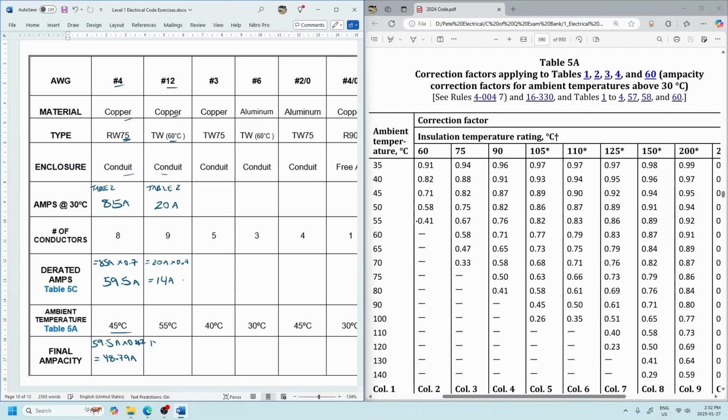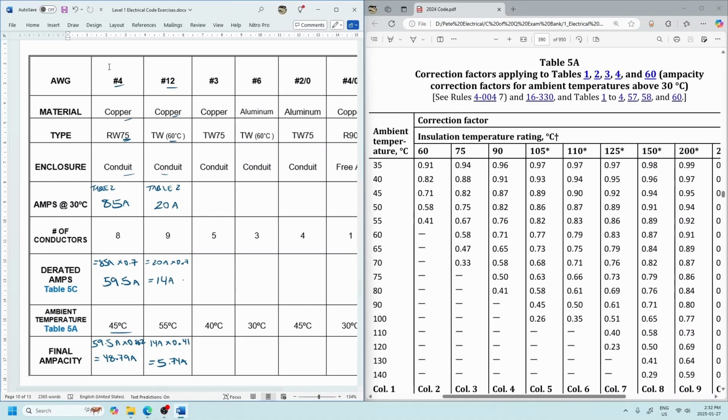Then we've got 14 amps times 41%, and if I do that on my calculator, I'm getting 5.74 amps. So we went from a base ampacity of 20 amps for the number 12s, then down to 14 amps because there were 9 conductors in the pipe. And then because it's quite hot at 55 degrees, we have to multiply by 0.41, giving us only 5.74 amps on each of those number 12s.